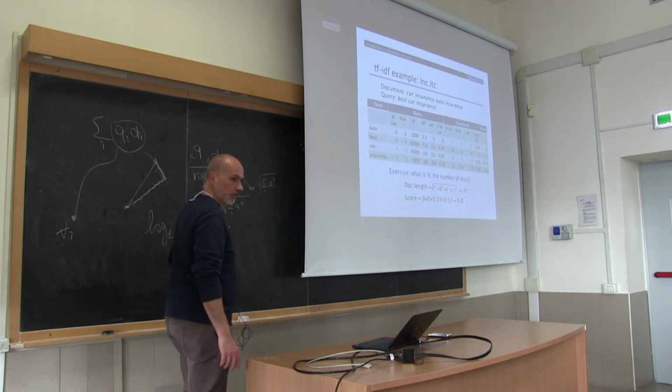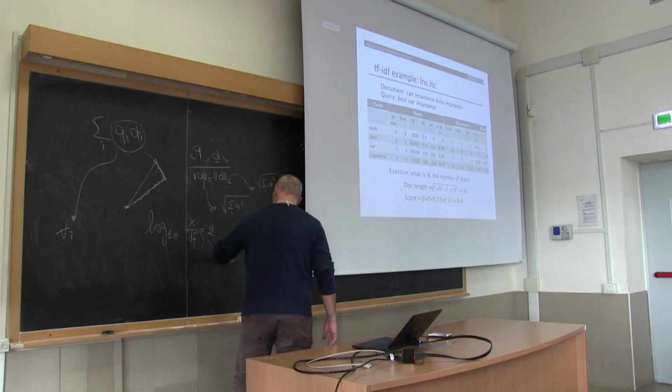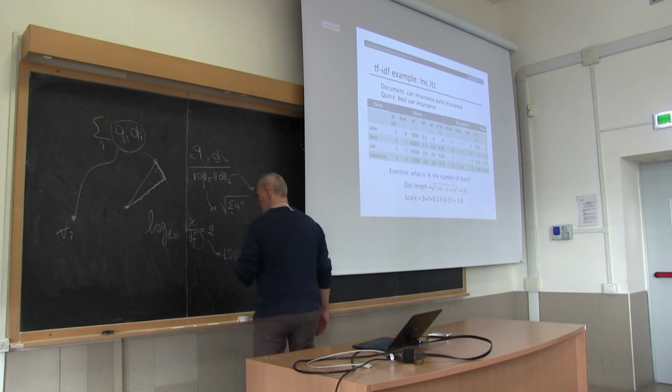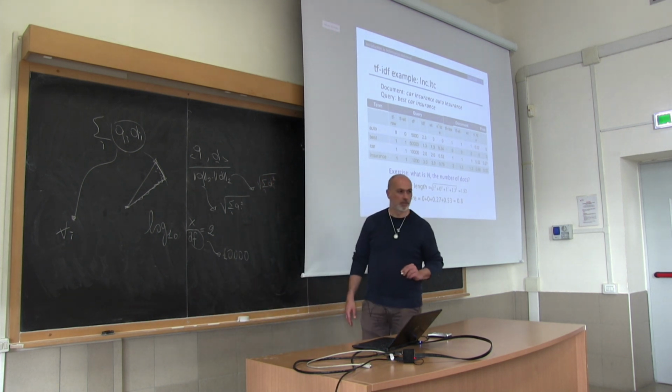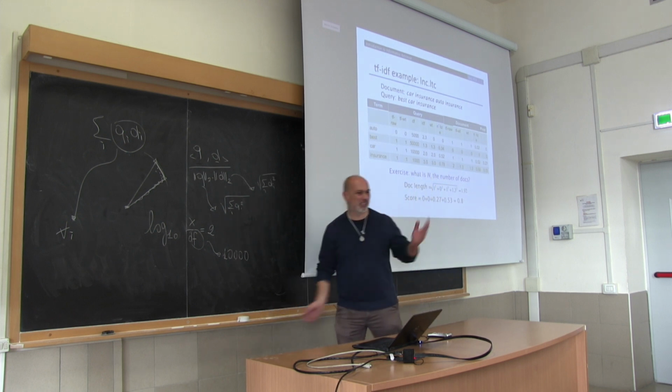Actually, df is 10,000, right? And it is 2. So it is 1 million, right?